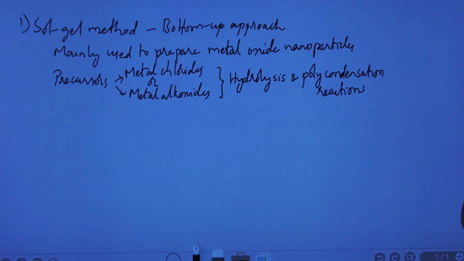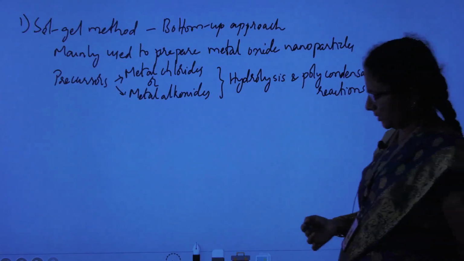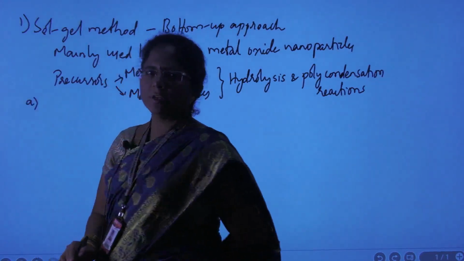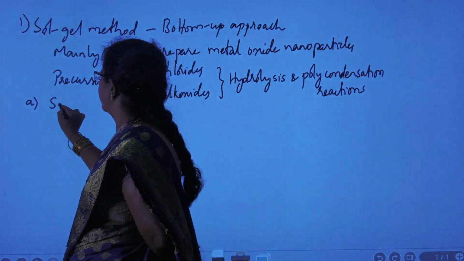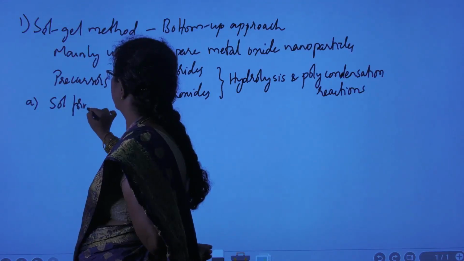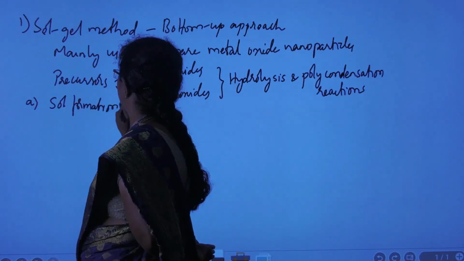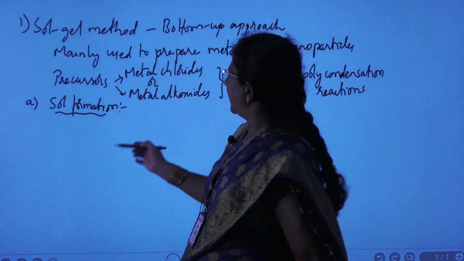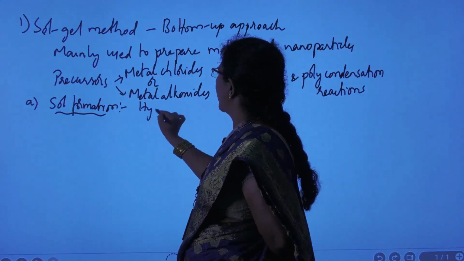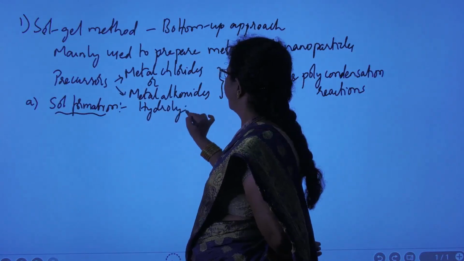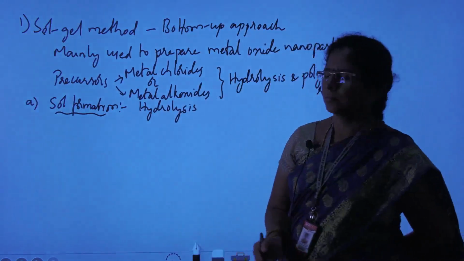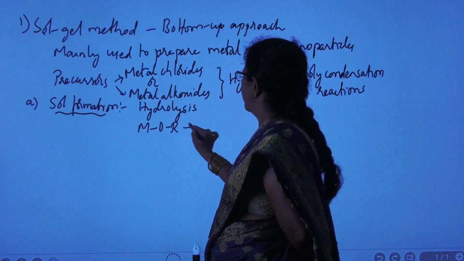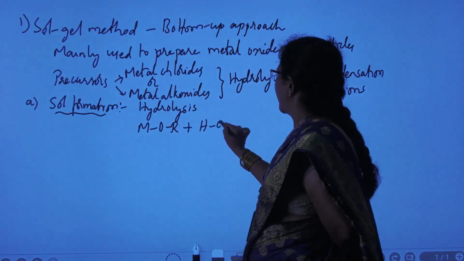How do these reactions take place? In this method, the first step is the formation of sol. Here, metal alkoxides will undergo hydrolysis. Metal alkoxides means M-OR. These undergo hydrolysis.